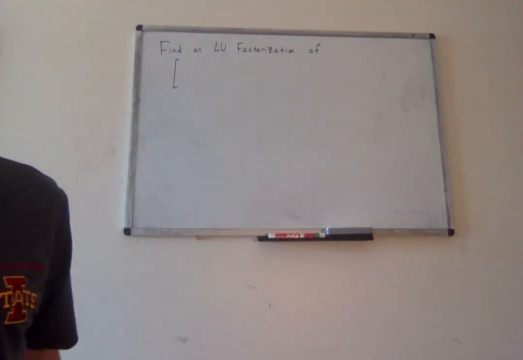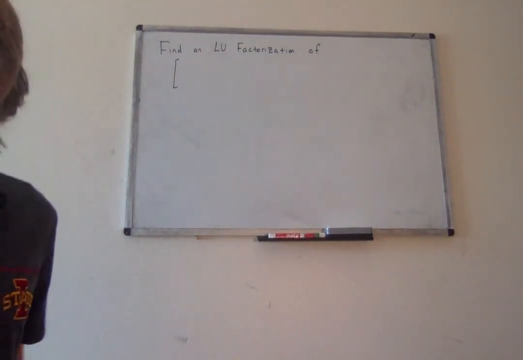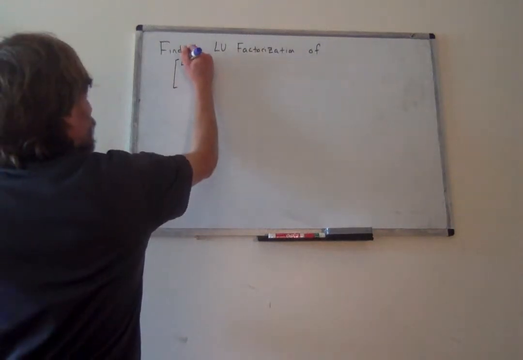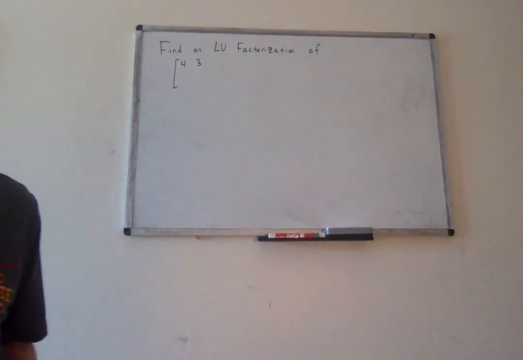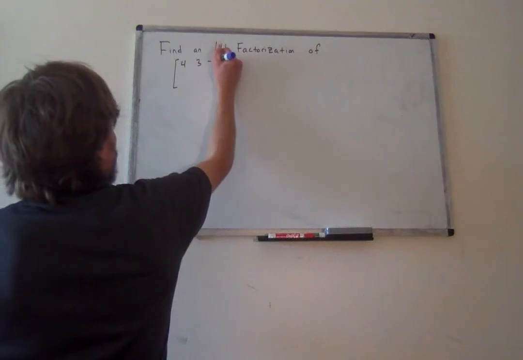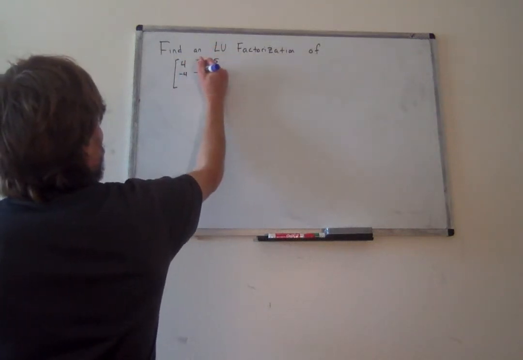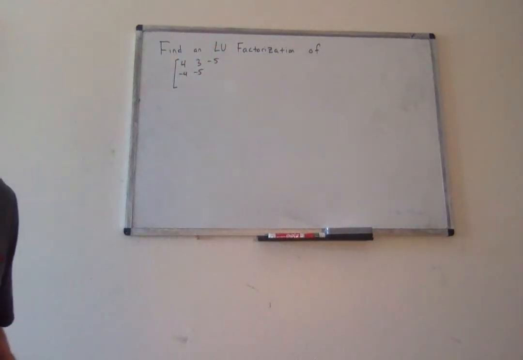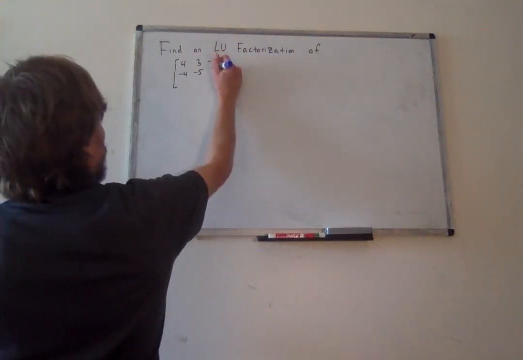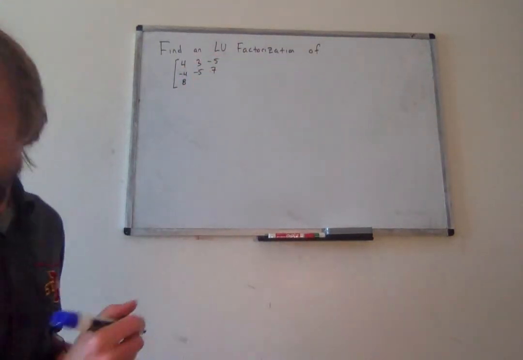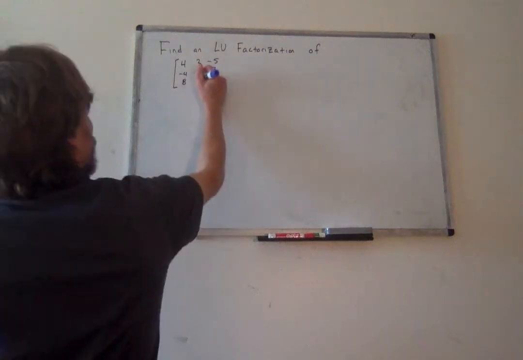So let's do the matrix 4, 3, negative 5, negative 4, negative 5, 7, and 8, 6, negative 8.